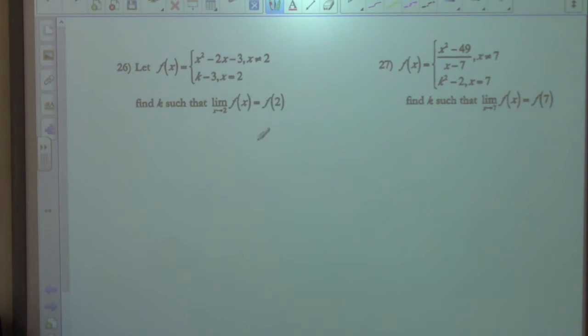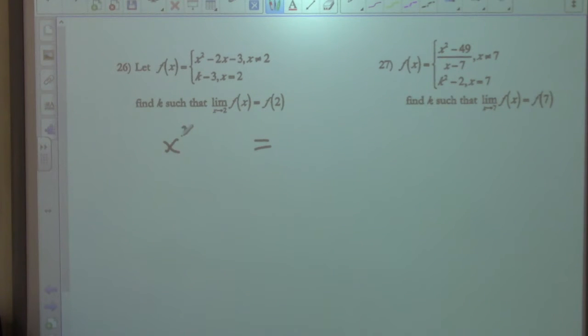So what we're going to do is just set that up as an equation. We don't know what that limit is, but we know the equation for that limit is just this here, right?